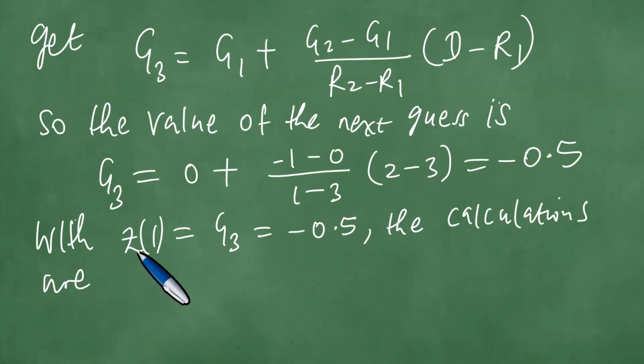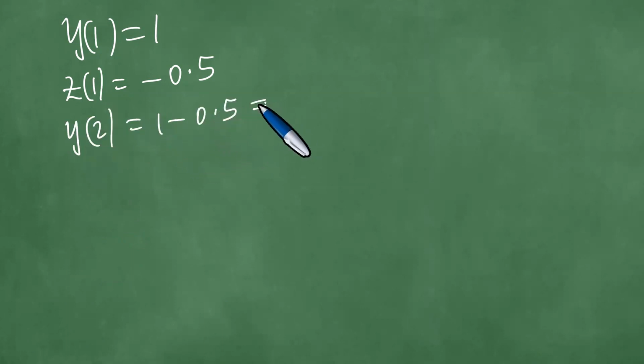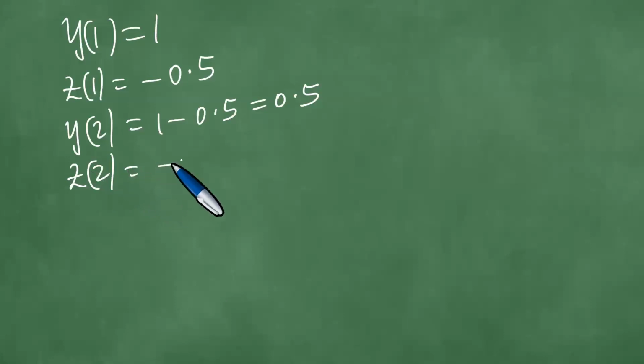And then y2 is 1 minus 0.5, which is 0.5. Z2 is minus 0.5.